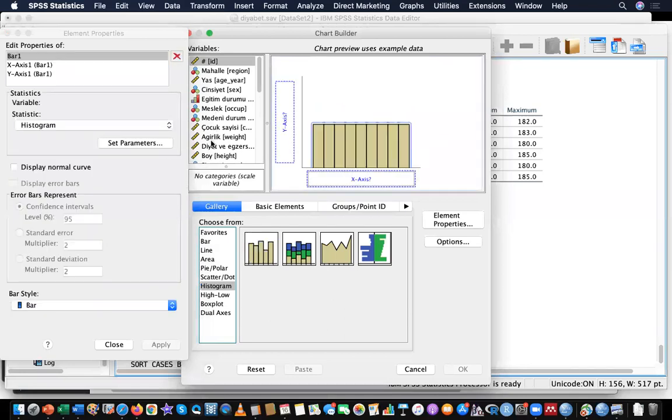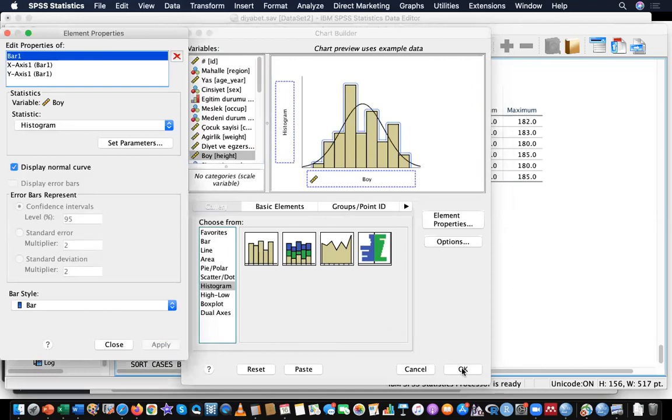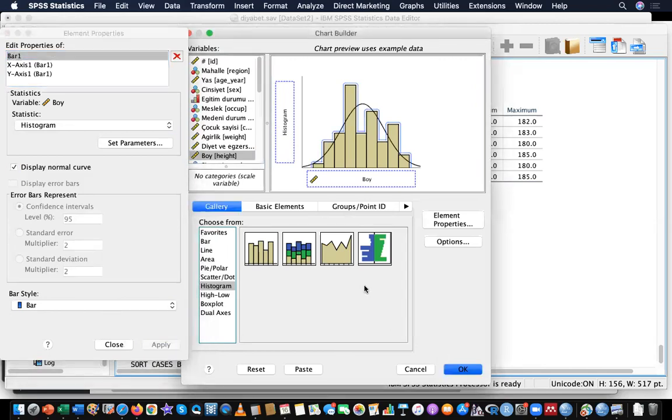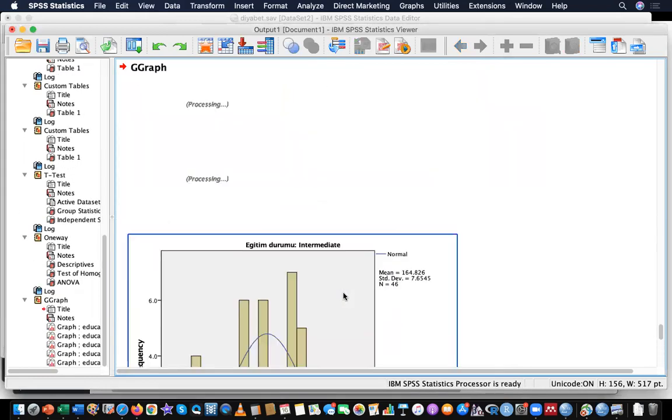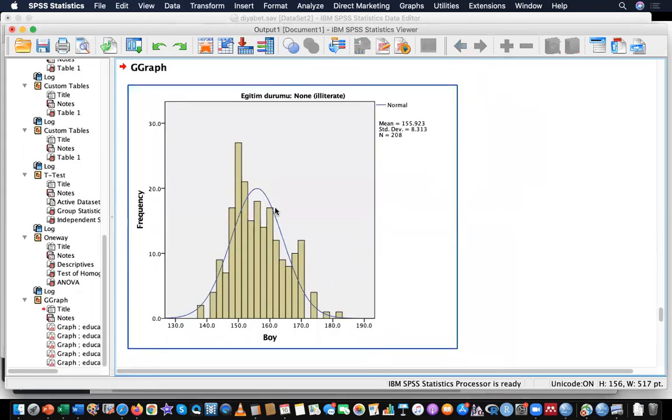Let us draw a histogram of height. Display normal curve, apply, click OK. I should have now 4 or 5 histograms here. A histogram for illiterate.